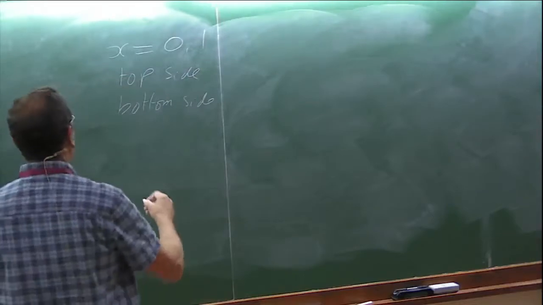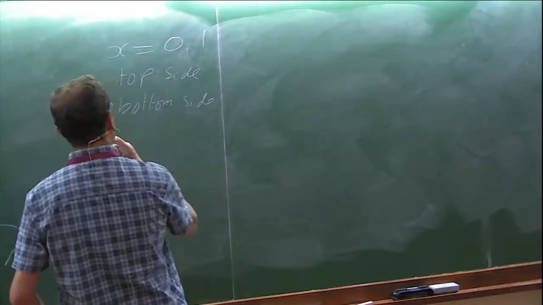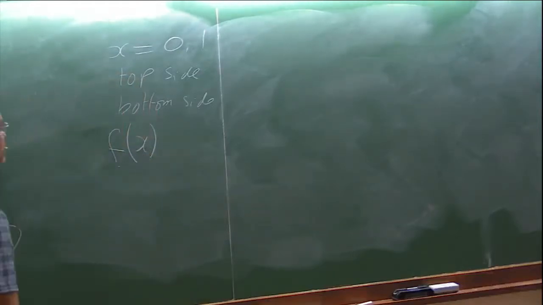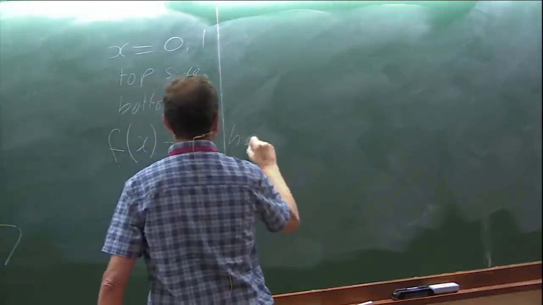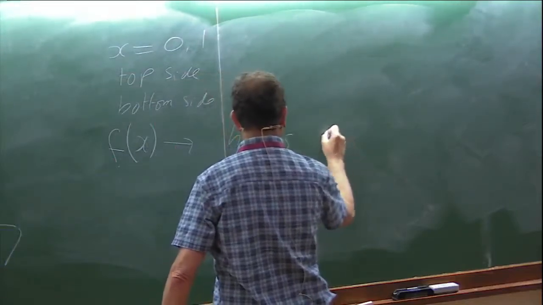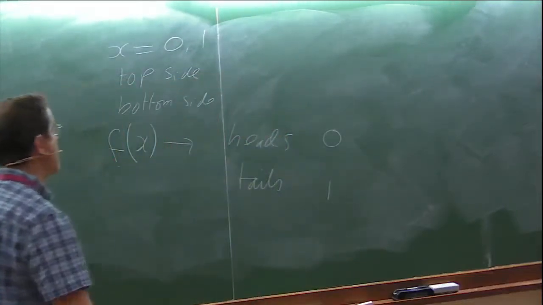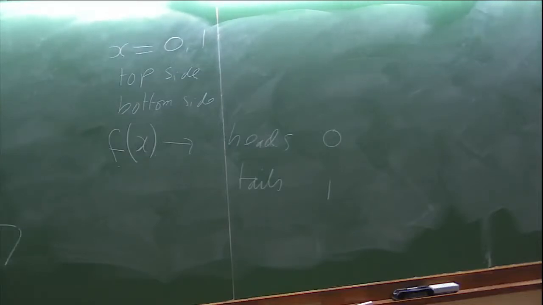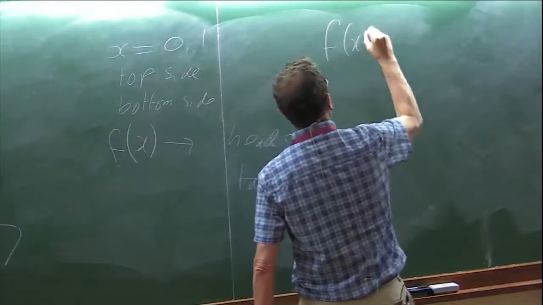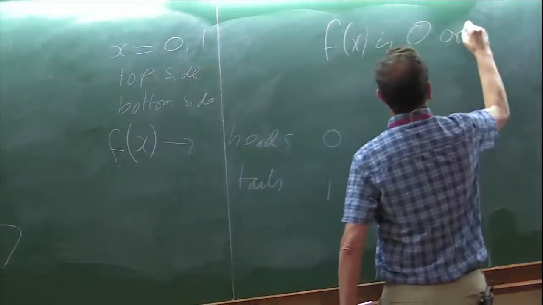And so it's a function of one bit. And we compute the function, which is either heads or tails. Say heads is 0 and tails is 1. So f of x, where x is 0 or 1, and f of x is 0 or 1.